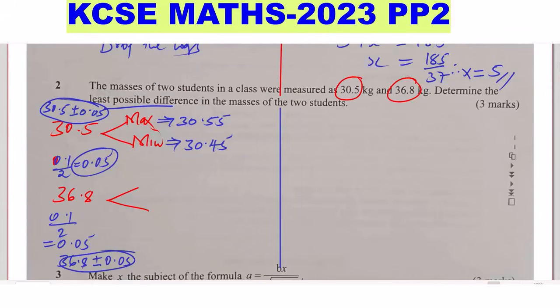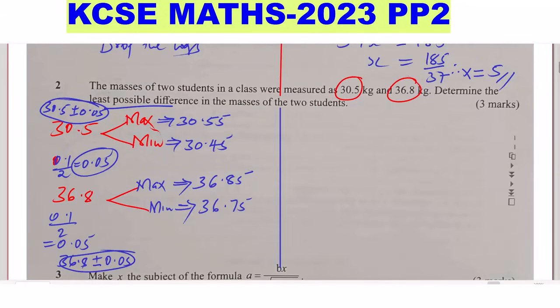So to get the maximum of 36.8, we add 0.05, this will be 36.85. Then the minimum, you subtract 0.05, this will be 36.75.